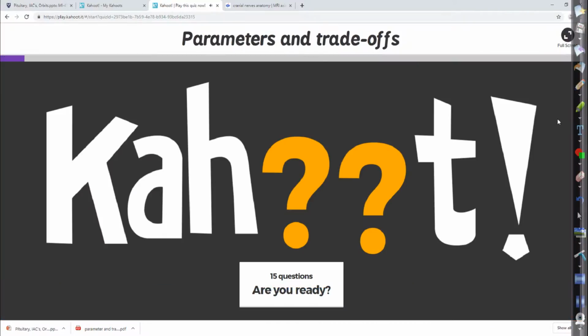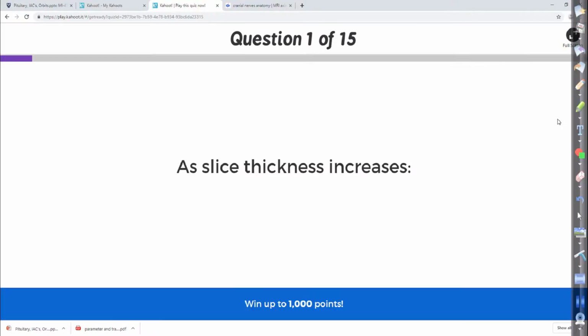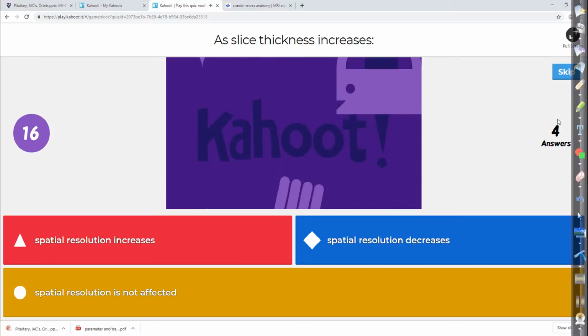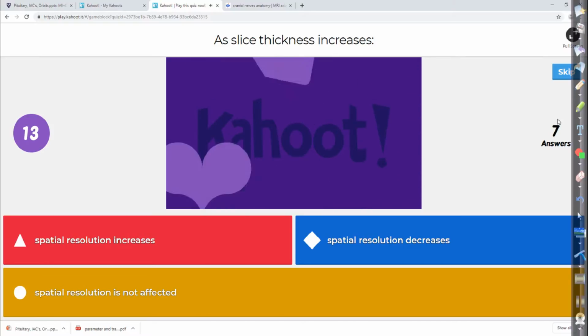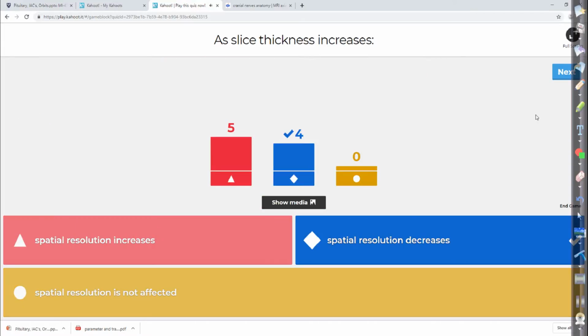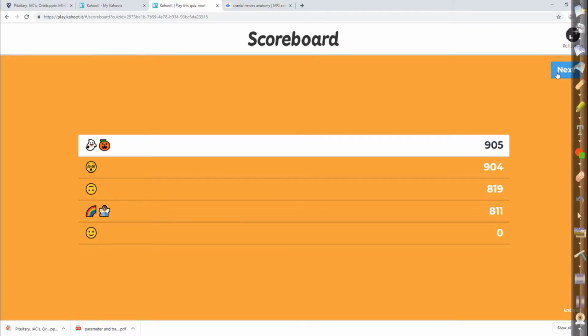All right, so we finished signal. So now adjust your brain and think about resolution now. Resolution. Voxel size. Yeah, we didn't adjust our brains. So slice thickness increases, our voxel gets bigger, so our spatial resolution goes down. Just think about how, if the voxel gets bigger, your resolution goes down.